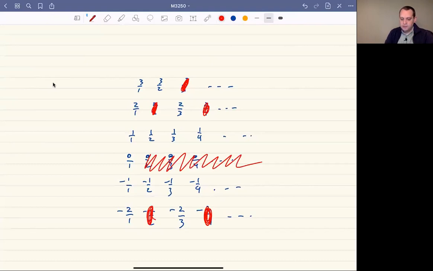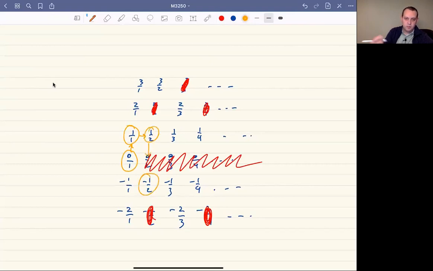And then what I want to do is count in the following way. This is a slightly strange order here. I'm going to start at 0. I'm going to go up, and then to the right, and then down.